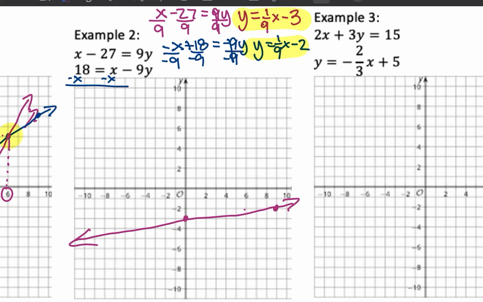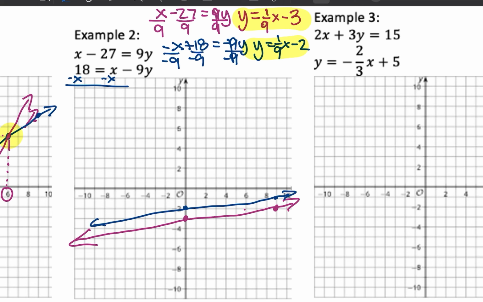And then same deal, we're going to go to that next one, crosses at negative 2. We're going to go up 1 over 9. Okay, and that's going to keep going. And those are parallel. I know my lines aren't super straight, but they are parallel. So that means that they have no solution because they never intersect.